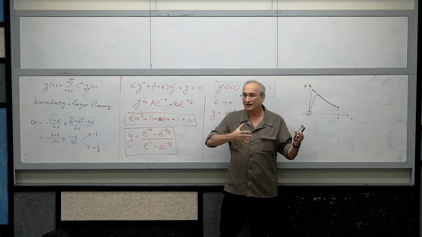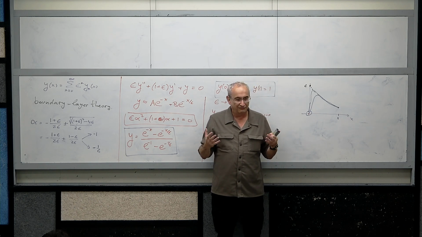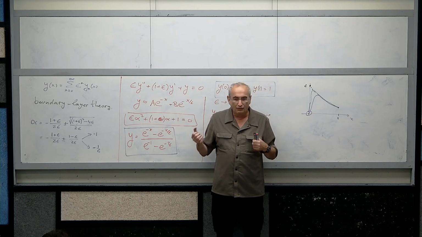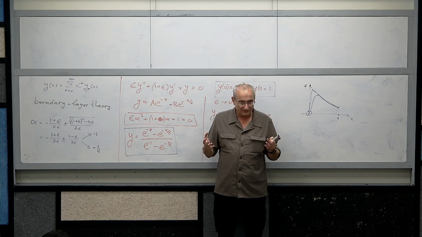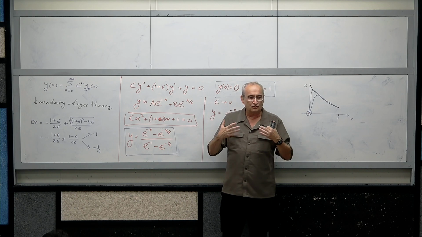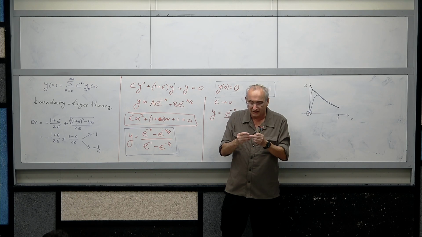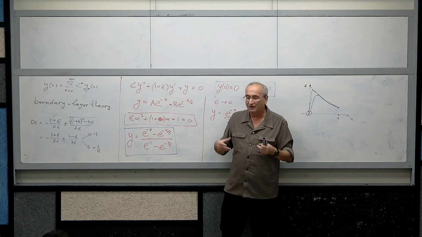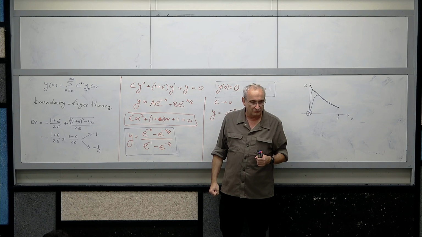So the question is how to get the benefit from epsilon being small without killing the solution. So suppose I don't know how to write that. What should I do in order to get the benefit from the knowledge that epsilon is small, but still being able to fulfill, for example, both the boundary conditions? Do you understand the problem?